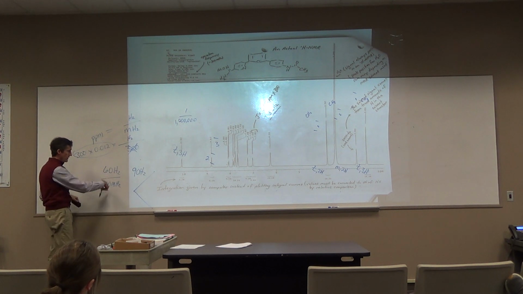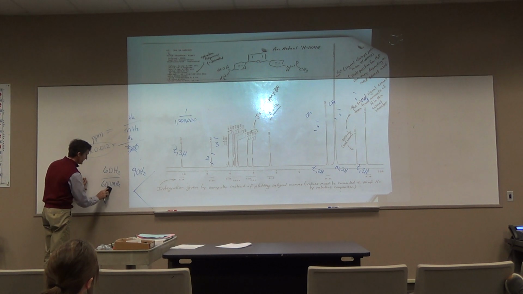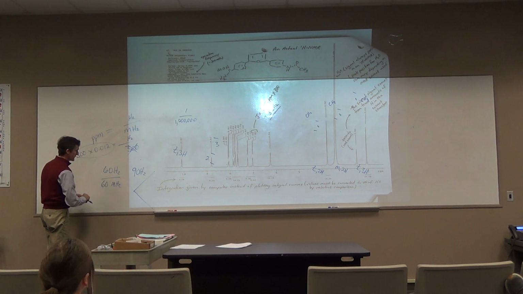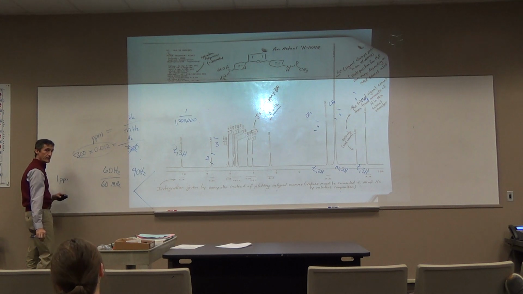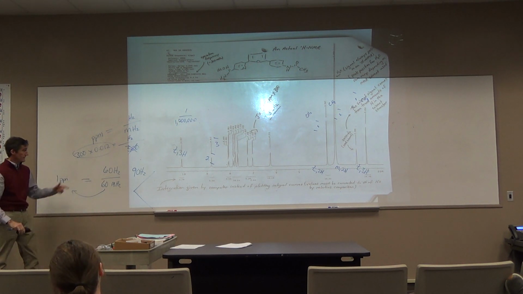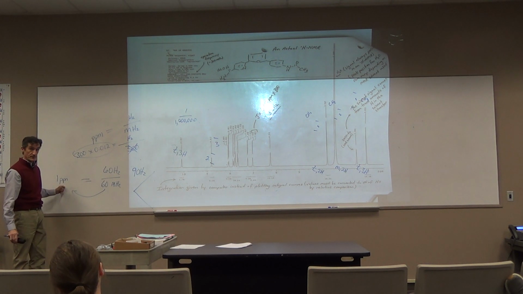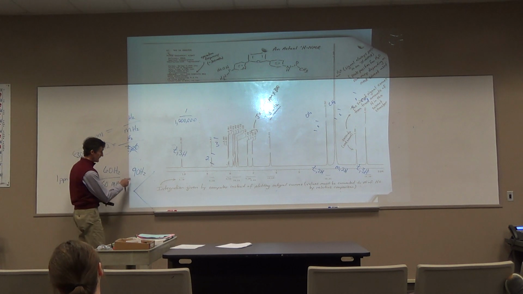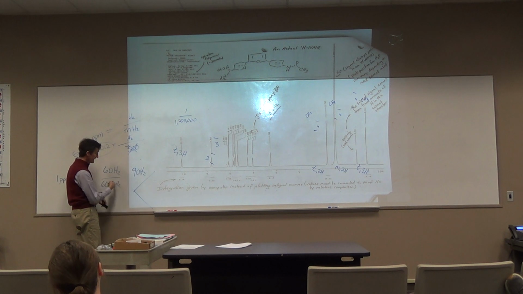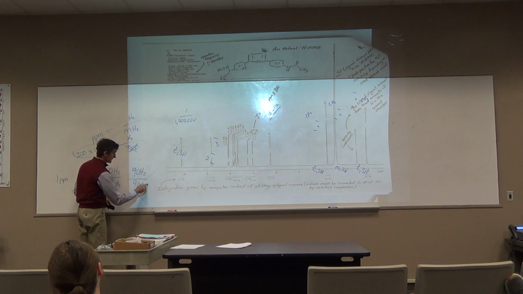The math is 60 over 60 million, 1 part per million, 1 ppm. Over here, this signal is higher because we used a larger magnet, and so the magnet has a larger operating frequency. It turns out it would have to be 90 megahertz.